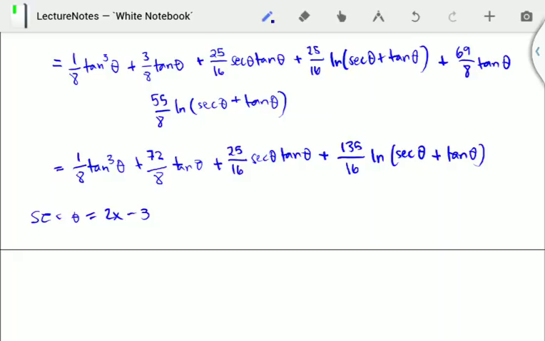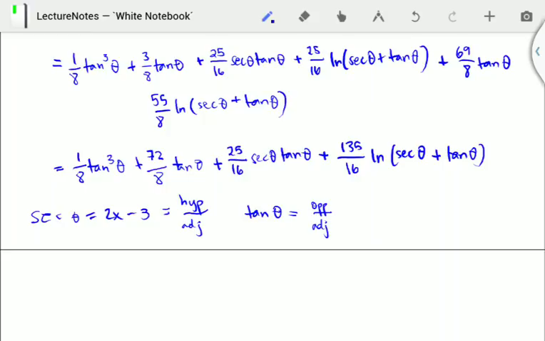And if you recall in your trigonometry, you have something called SOHCAHTOA, and it means that the cosine is equal to the adjacent side of the triangle over the hypotenuse. So the secant is equal to the hypotenuse over the adjacent side. That means our tan theta, which is the opposite over the adjacent, what is that equal to?